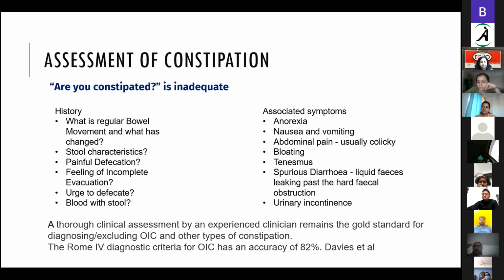It turns out this patient has worsened constipation the next day, because what was there was hard fecal impaction leading to spurious diarrhea. There could be other issues like tenesmus, bloating, colicky abdominal pain, also accompanied with nausea and vomiting. So it's a thorough clinical assessment which will help in diagnosing or excluding other types of constipation, including opioid-induced constipation.